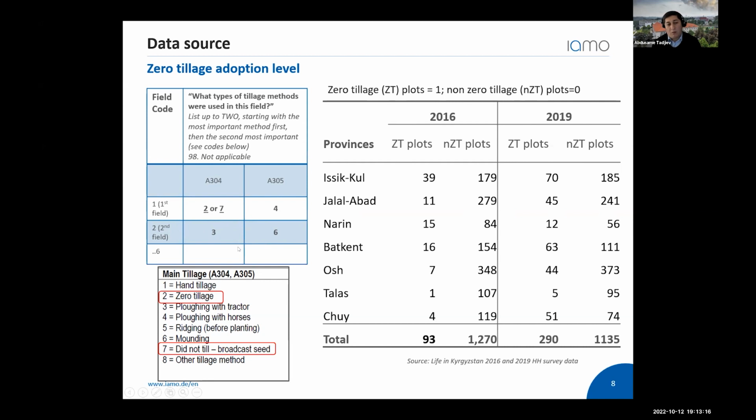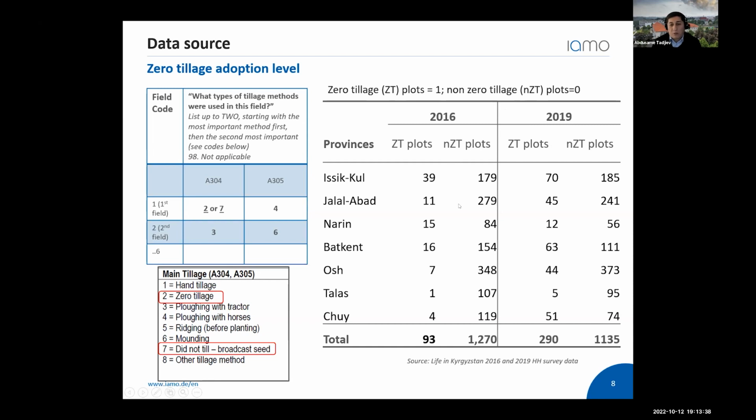By measuring like this, we finally generated a dummy variable of zero tillage adoption. If households adopt zero tillage methods on a particular plot, it is equal to 1, otherwise 0.